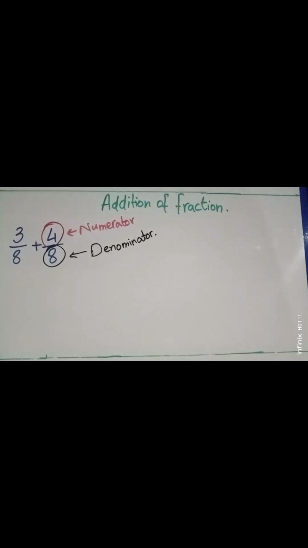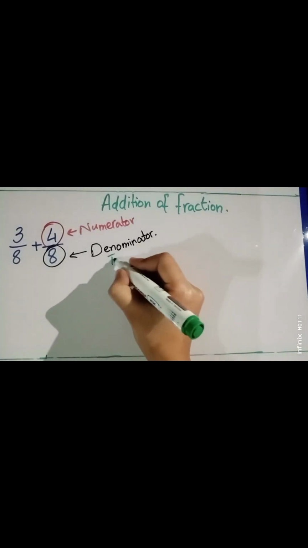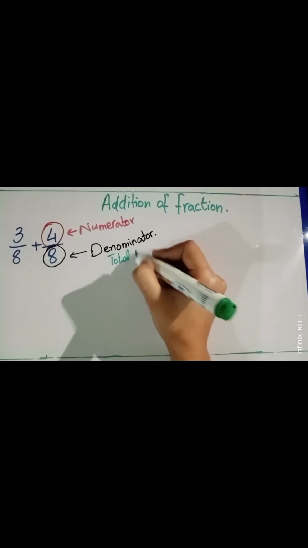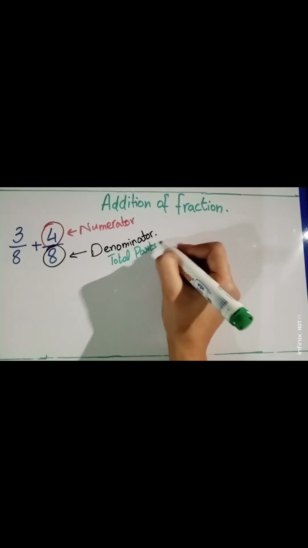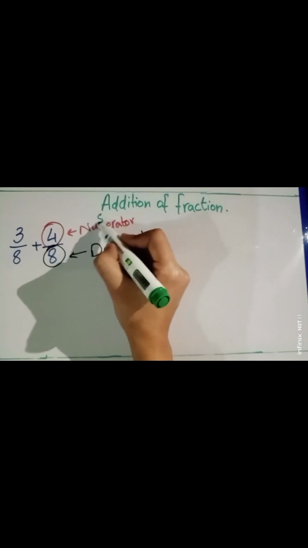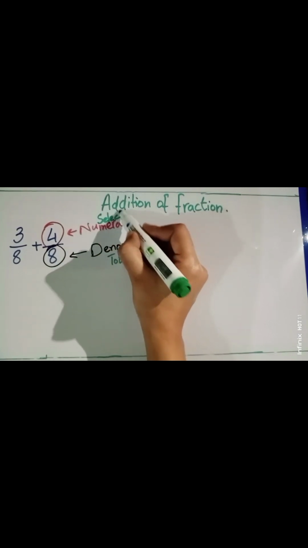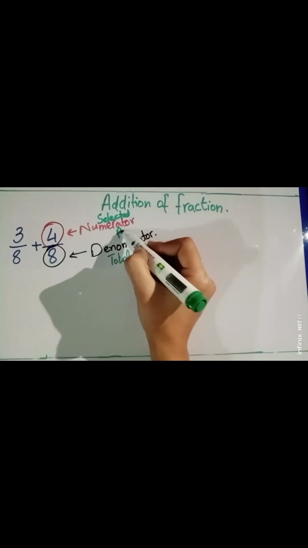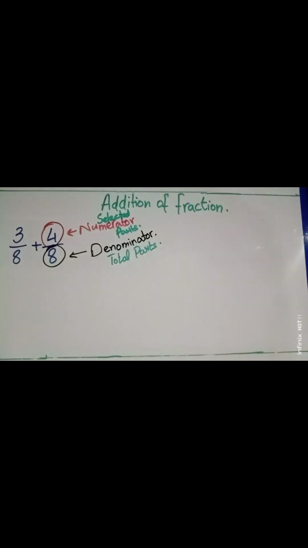Denominator means total parts and numerator means selected parts, the parts we have. Here we have 3 by 8 plus 4 by 8, and we have to add them.